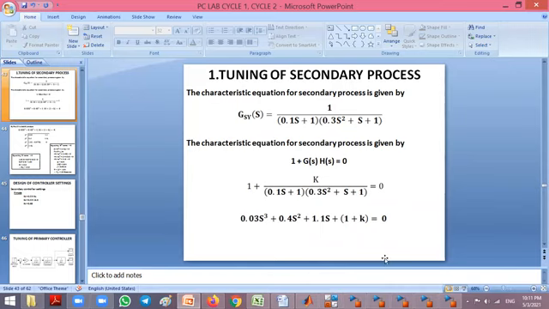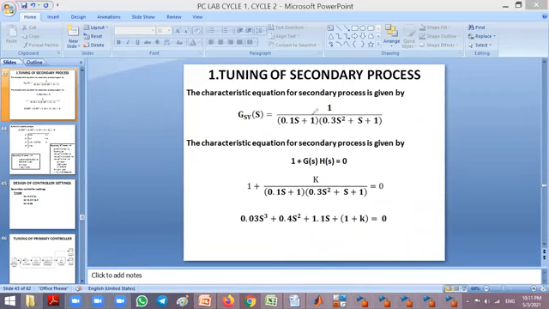Okay, clear? All these terms on taking the LCM will come here, and the denominator will be cross multiplied on the other side and become 0. So you will get this equation on simplification. Okay, right.